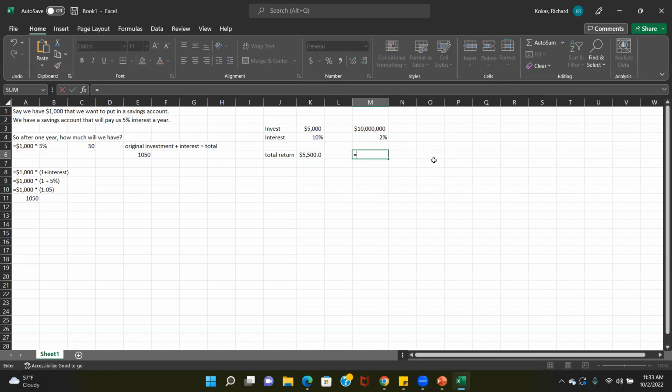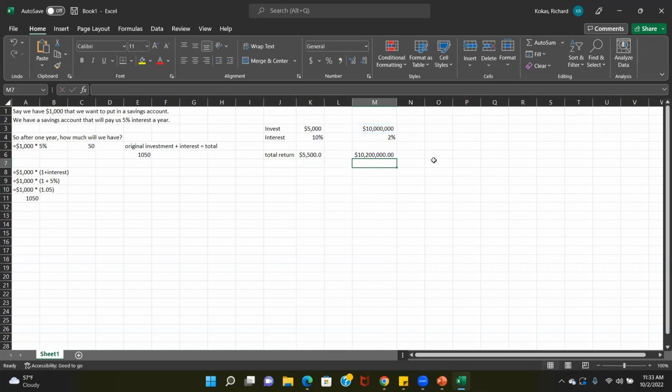Our total return is $10 million times 1.02, so $200,000 in interest. You could take 10 million, put it into the worst savings account known to man, which is what I have, and get $200,000 in a year. That's pretty good. Once you have a lot of money, you get more savings options, with higher-yield accounts, and things just get better.